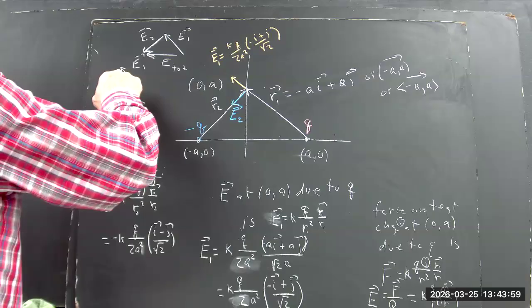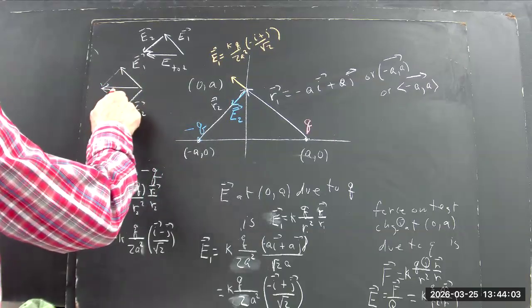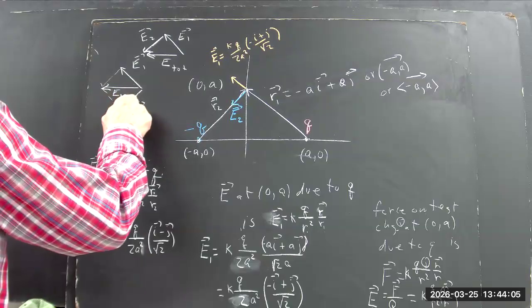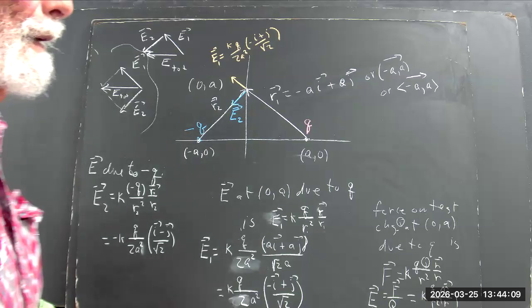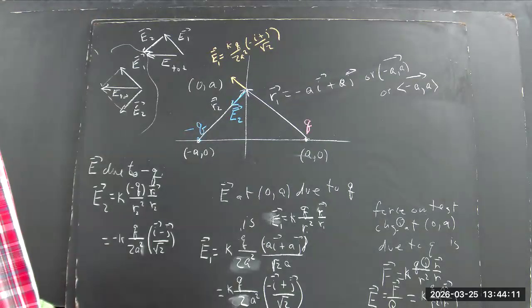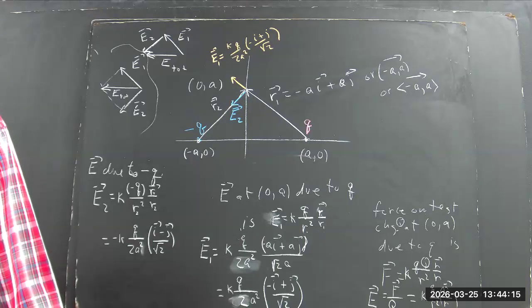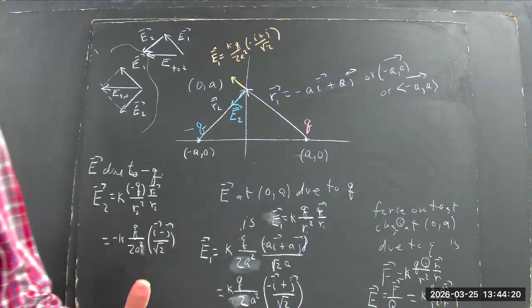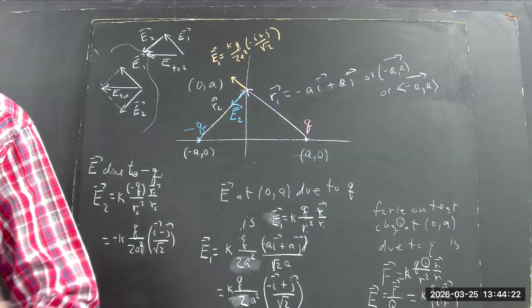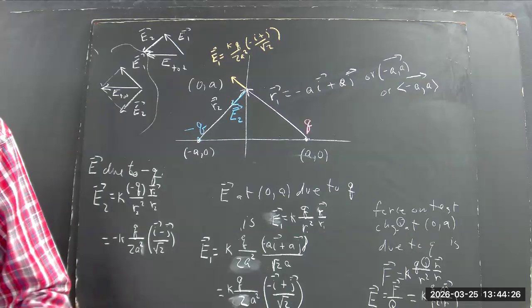If you want to do the parallelogram method, you do this. There's your E total. And if you're not visualizing that when you add two vectors, you're making a big mistake. You're not seeing it, which makes it very difficult to develop much intuition about vectors. You might be able to calculate it, but can you see it?